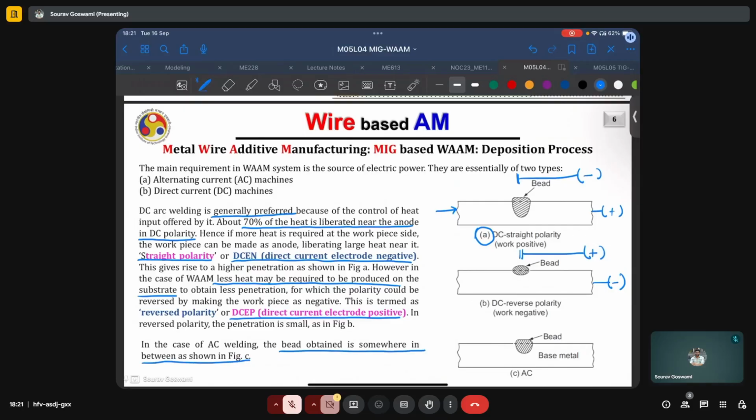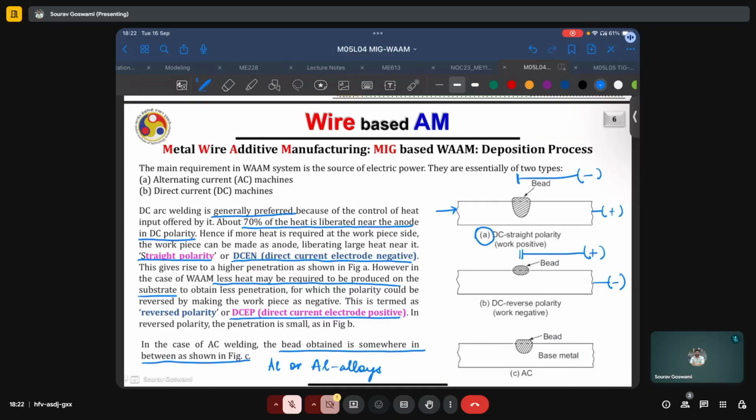However, a particular use case for this AC based WAAM is when you are trying to deposit materials which tend to oxidize very easily or which tend to form a protective oxide layer, which typically will have a higher melting temperature and more hardness than the base material. A common example of this can be, say, aluminum or aluminum based alloys.